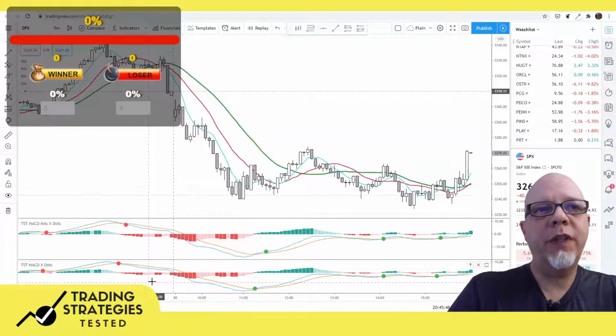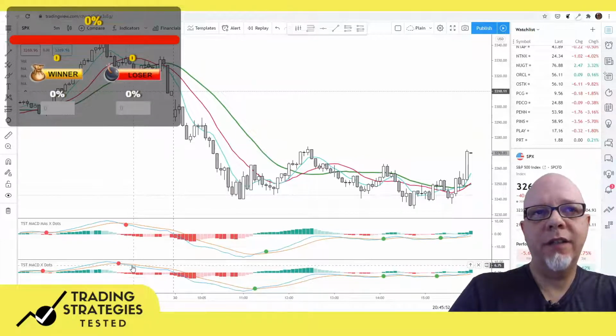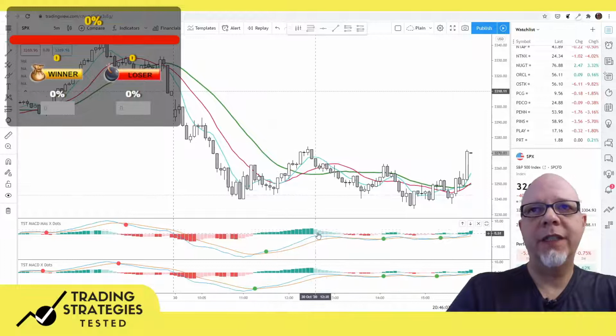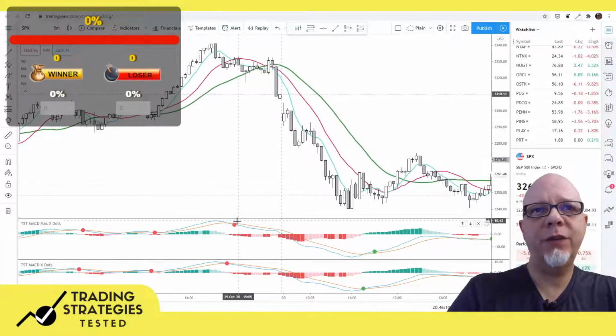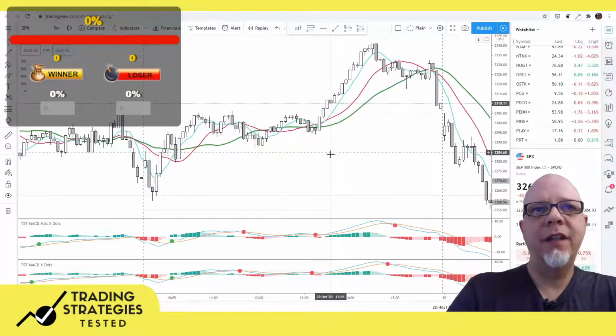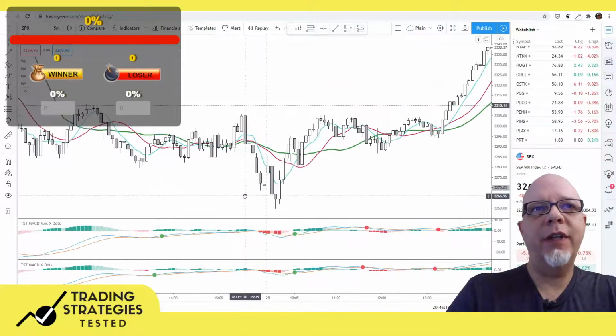The bottom one is a simple crossover between the MACD and the signal line, and the one above here that has the MAs in there is the one we're currently looking at. So you'll see that for the most part, the new signal with the moving averages added to it fires off a little bit later than the original.